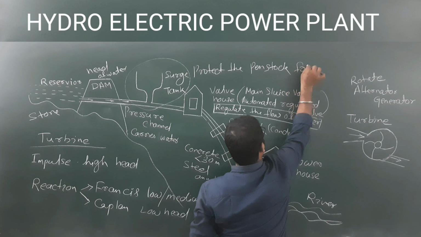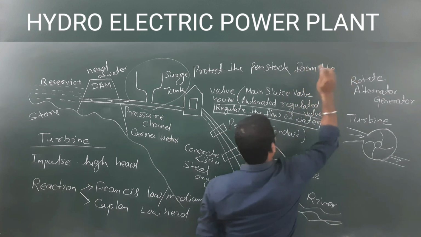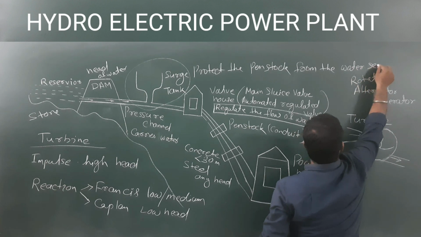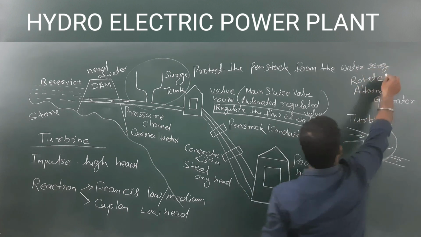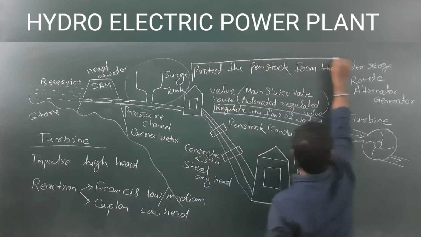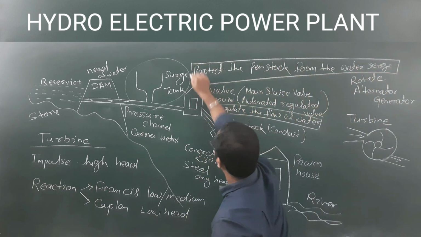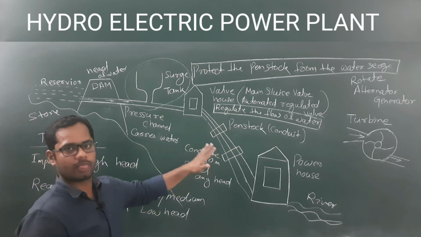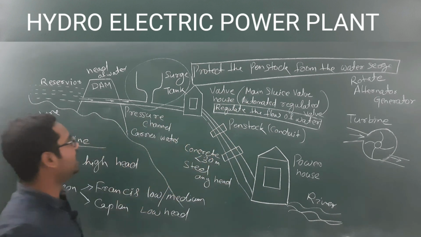Or you can say it protects the penstock from the positive as well as negative hammering pressure of the water. So how will the water hammering pressure come about?